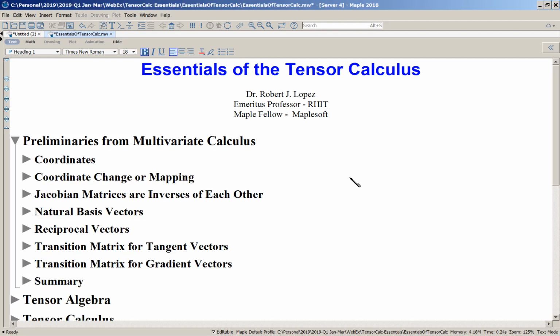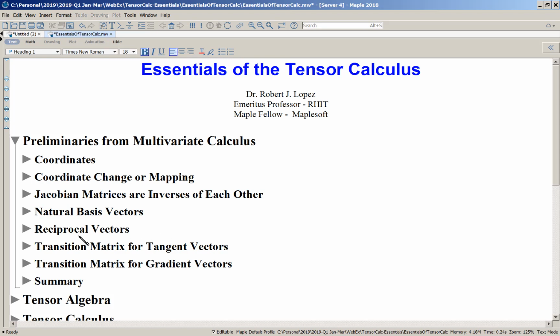The first theme is the preliminaries from multivariate calculus. The first part will take us through these 4 topics: coordinates, coordinate change, Jacobian matrices and how they are related, and natural basis vectors of either tangents or gradients.